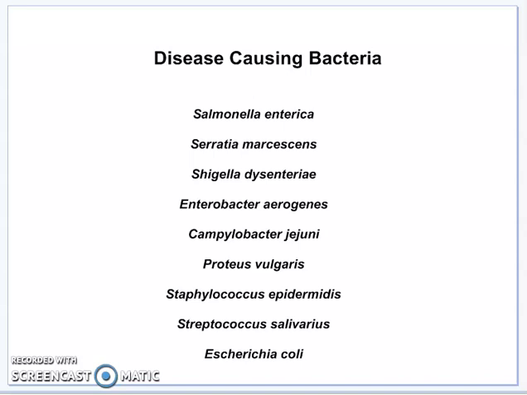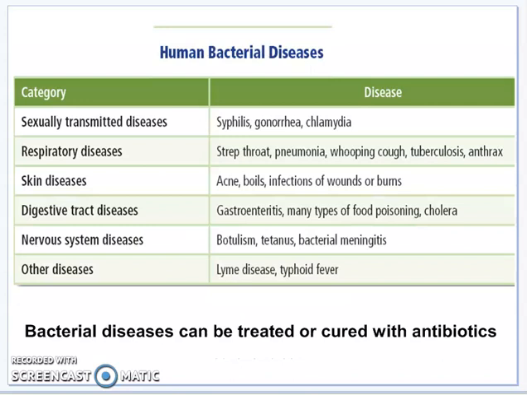In this table we can see some of the human bacterial diseases. For example, sexually transmitted diseases like syphilis and gonorrhea are caused by bacteria. Respiratory diseases like tuberculosis and pneumonia are also caused by bacteria.